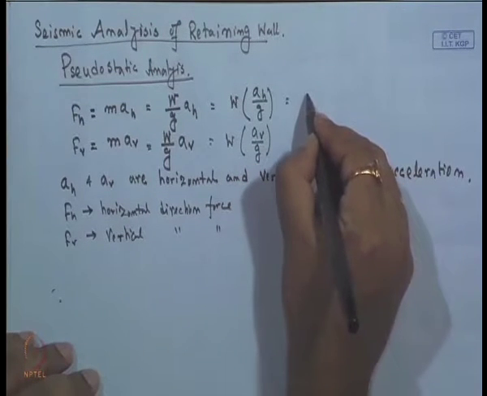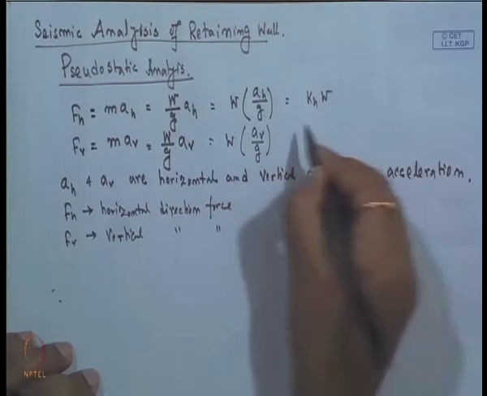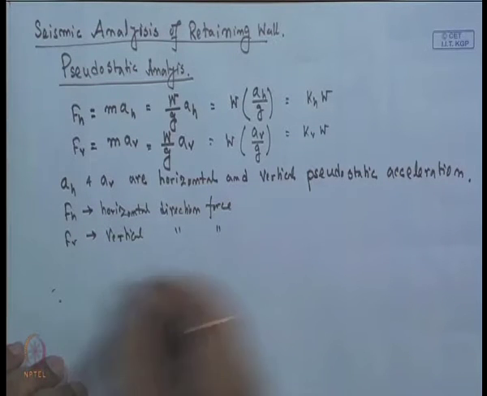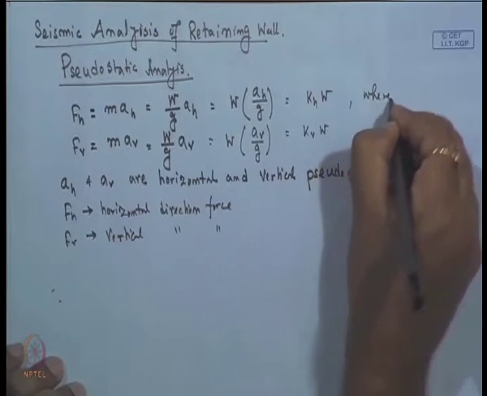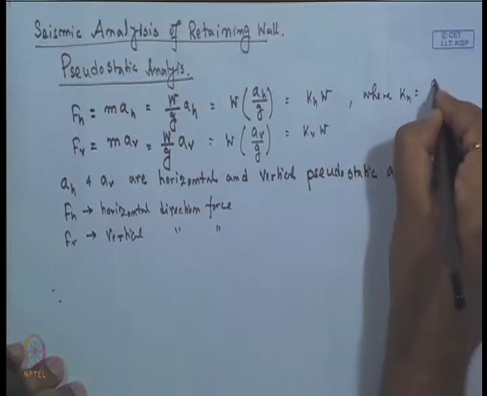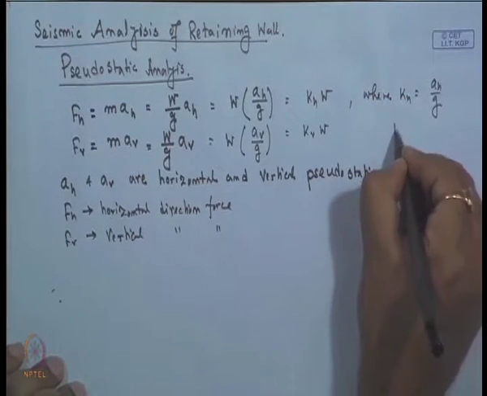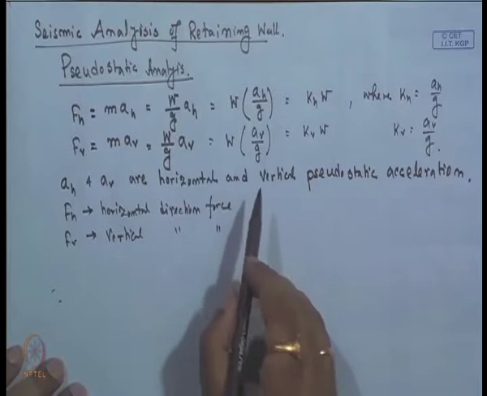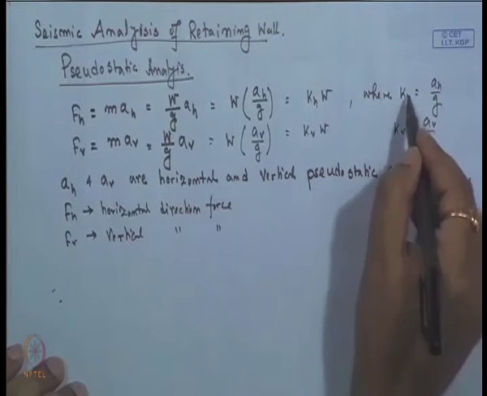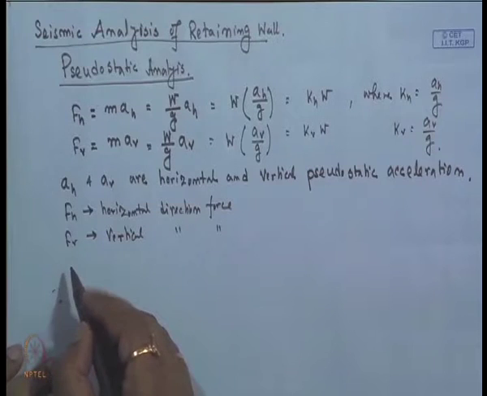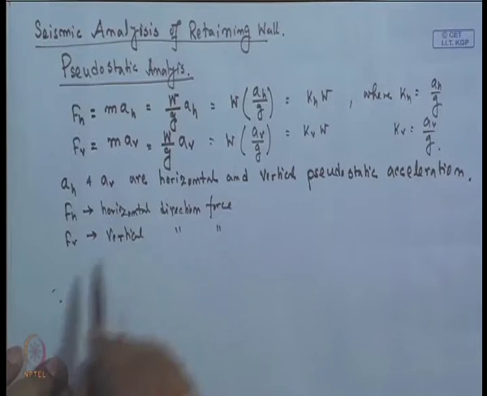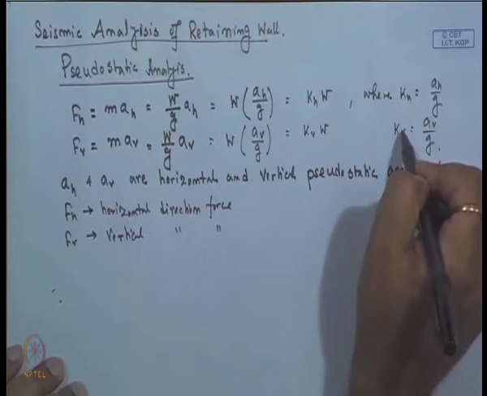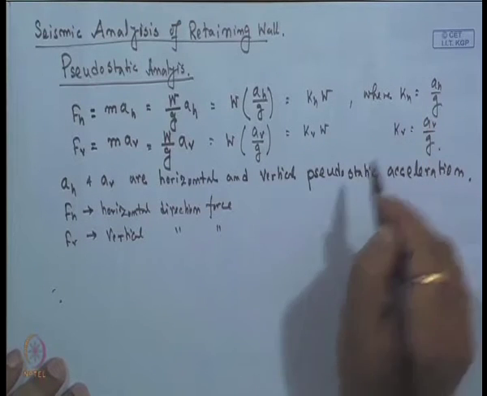These we can write as Kh times W and Kv times W, where Kh is equal to AH divided by g and Kv is equal to AV divided by g, where g is the acceleration due to gravity. So, Kh and Kv are the horizontal and vertical pseudostatic coefficients of acceleration.